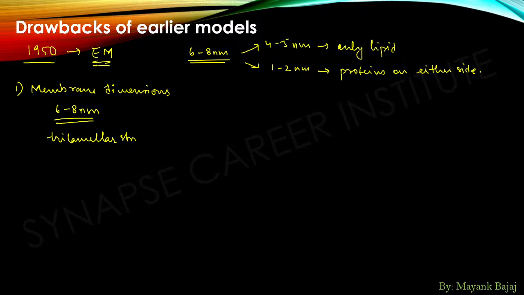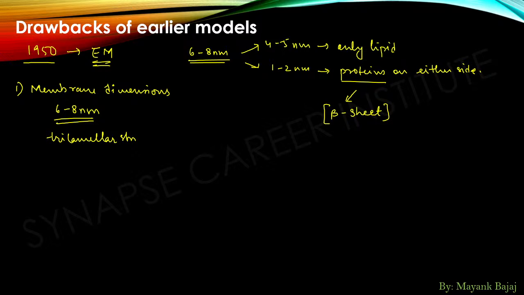So on the basis of this, they thought कि इस मोनोलेयर के अंदर जो प्रोटीन पार्ट है वो बीटा शीट में होना चाहिए, because it is very thin, 1 to 2 nanometer, it should be in beta sheets, right? It should not be in a globular form, right?